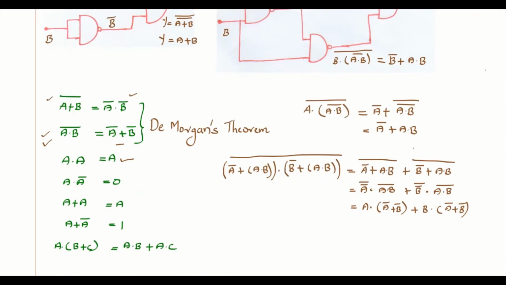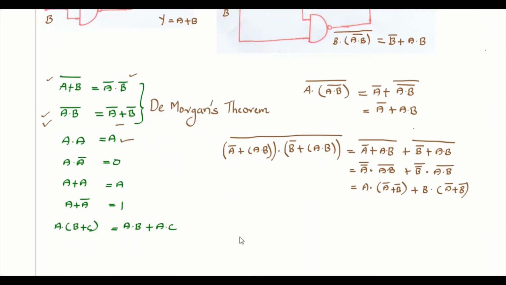Now simplify it. We know that A dot B plus C equal to A dot B plus A dot C. So the expression becomes A dot A complement plus A dot B complement plus B dot A complement plus B dot B complement. We know that A dot A complement equal to 0.